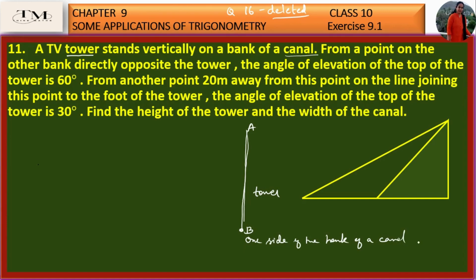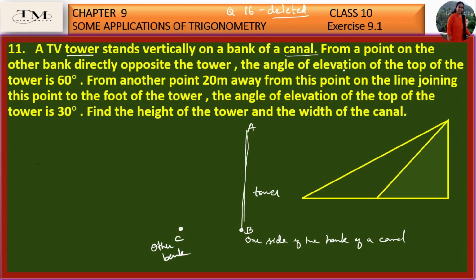Okay, children. Next, from a point on the other bank. So C is the other point on the bank, opposite the tower.